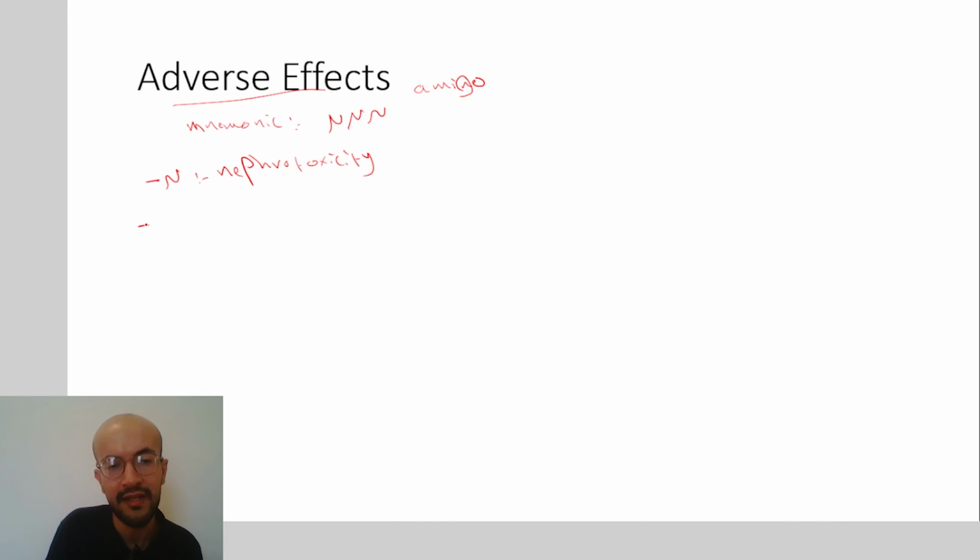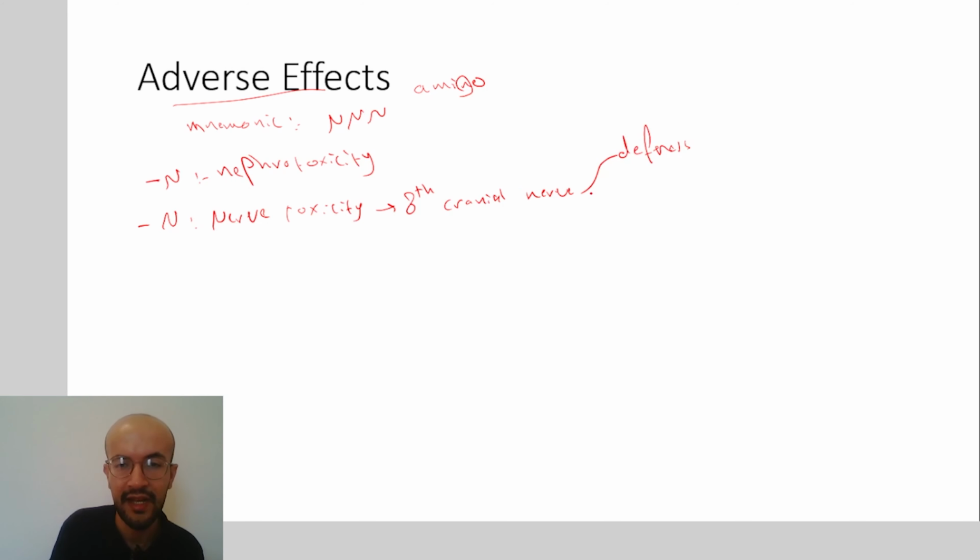The other N in the mnemonic is for nerve toxicity, and in case of the aminoglycosides, it is the 8th cranial nerve, which is the vestibulocochlear nerve. And this will lead to deafness by the cochlear part, and vestibular dysfunction when the vestibular part is affected.